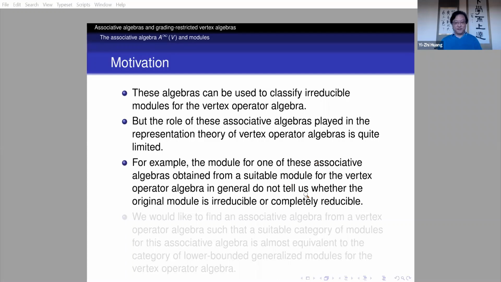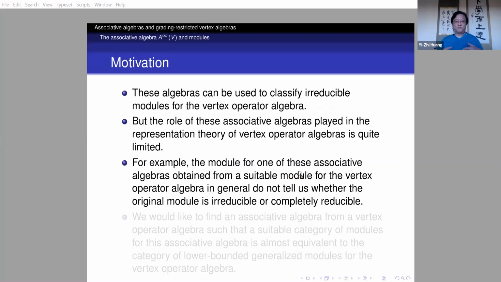So one of the things is that if you are given a module for one of these associative algebras, which comes from a suitable module for the vertex algebra, even if the module for the associative algebra is irreducible or completely reducible, you still do not know, in general, whether the original vertex operator module is irreducible or completely reducible.